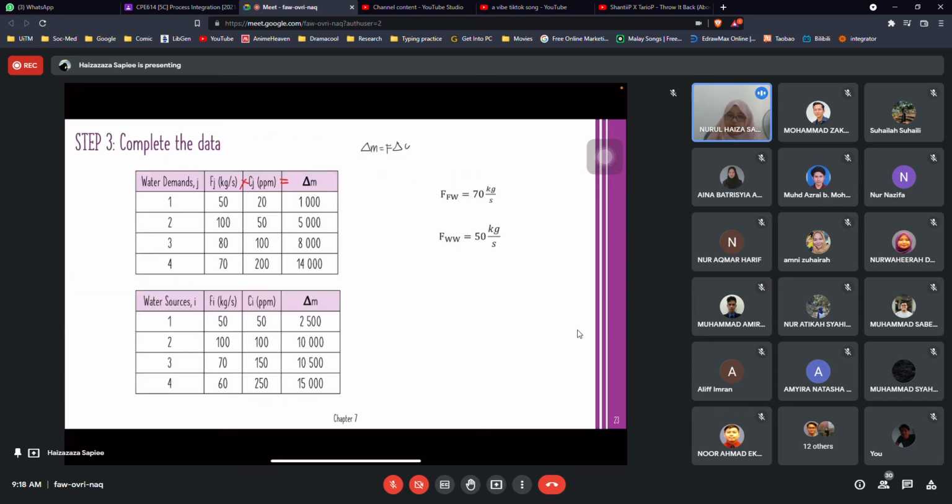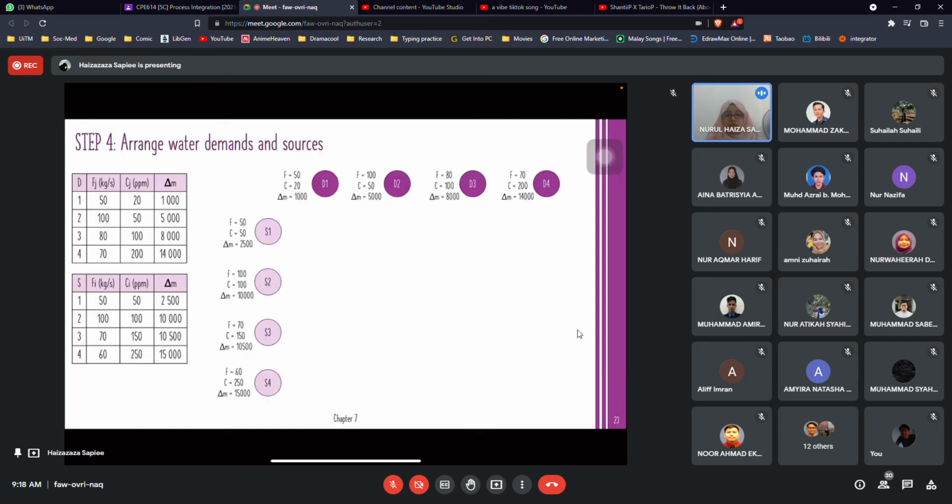So that settles steps 1, 2, 3. Now you want to start with step 4: arranging the water demands and sources according to their increasing concentration. So basically you have your demands on top, and on the left is your source.